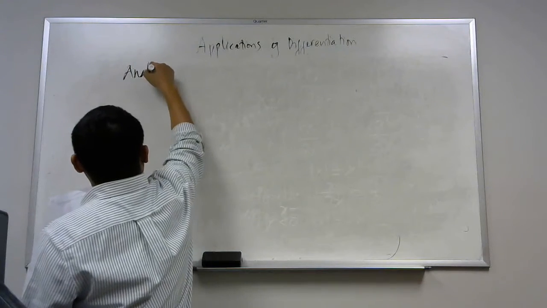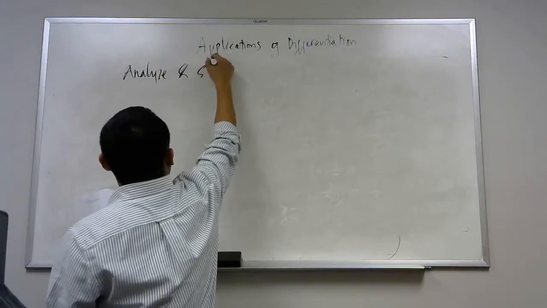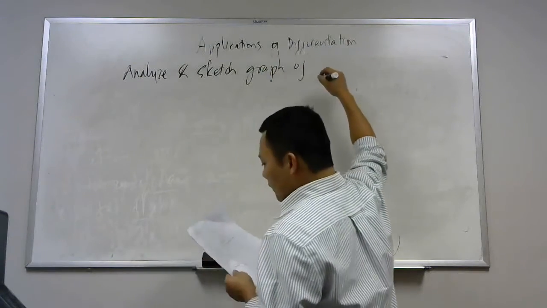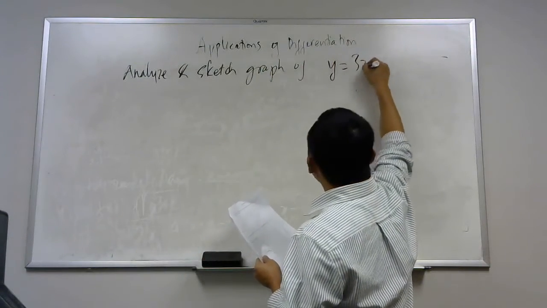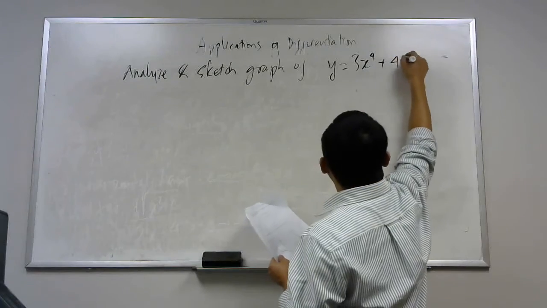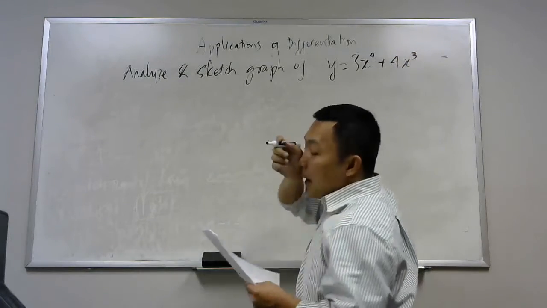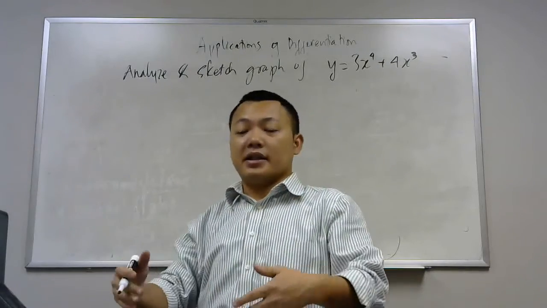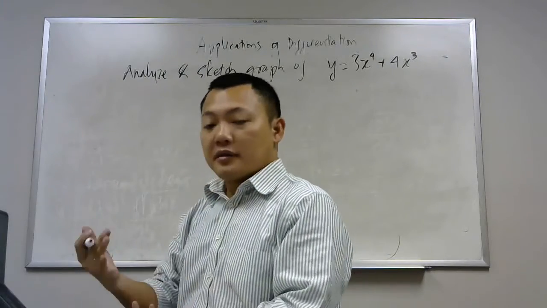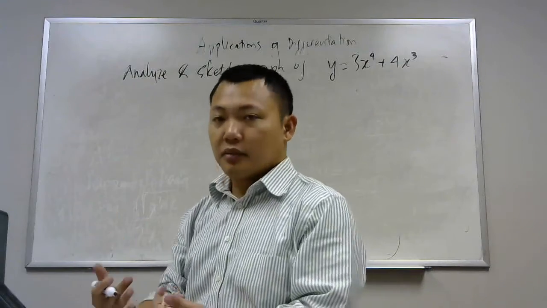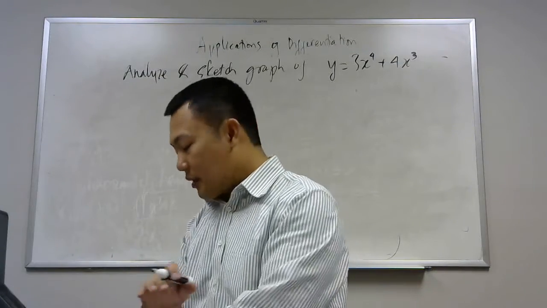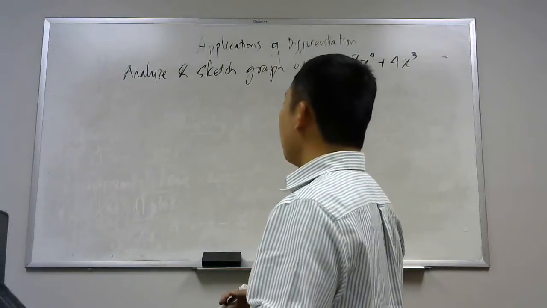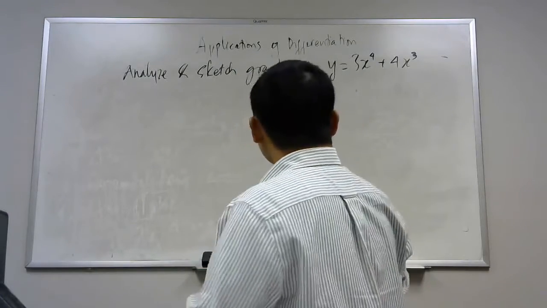So let me analyze and sketch the graph of y equals 3x to the 4th plus 4x cubed. Basically, now we have to combine everything: first derivative, second derivative, asymptotes, critical points, everything about functions. We compile everything and then use that information to sketch the graph.